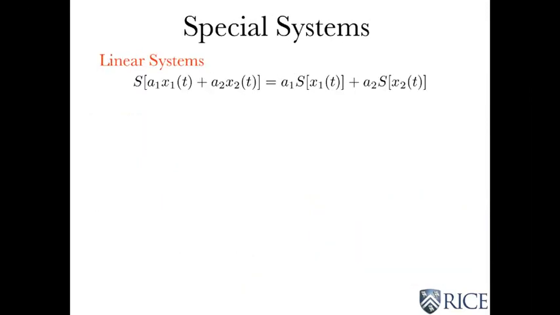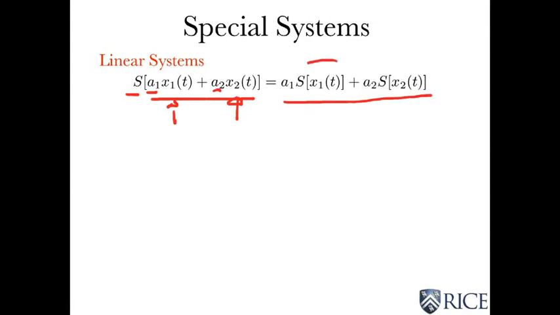All right, let's talk about special cases, special systems. And perhaps one of the most important are linear systems. Let's look at this. So we have a system S. If it is linear, if you take an input that consists of a sum of signals, x1 is a signal, x2 is a signal, and a1 and a2 are scalars, constants, the output to that sum is the sum of the outputs to the simple signals.